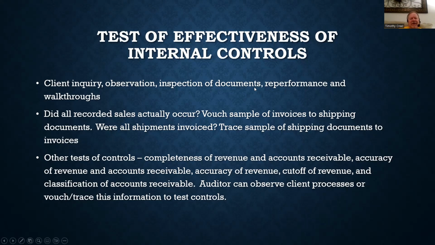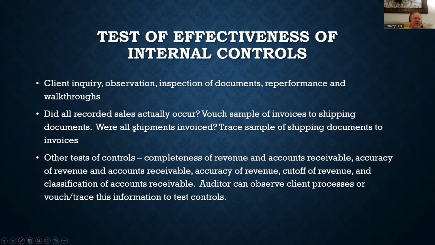Inspection of documents. Again, you can look at the customer order, the shipping documents, and the customer invoices. And then reperformance and walkthroughs. This might even be looking at dummy transactions to make sure that everything was followed in accordance with the transaction.